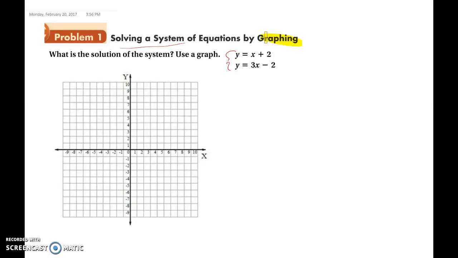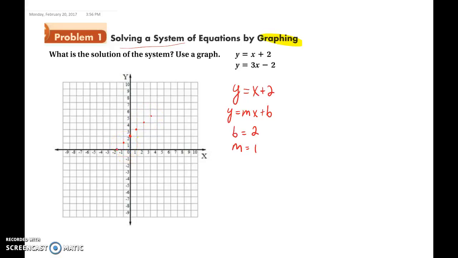All right, so I'm going to first graph these two equations. The first equation I'm going to graph is y is equal to x plus 2, and I'm going to graph it in red. Remember, we have our slope-intercept formula. In this example, we know that our b, or our y-intercept, is 2, and our slope is equal to 1. So I could start off at 2, and then my slope is up 1 over 1, up 1 over 1, up 1 over 1, down 1.